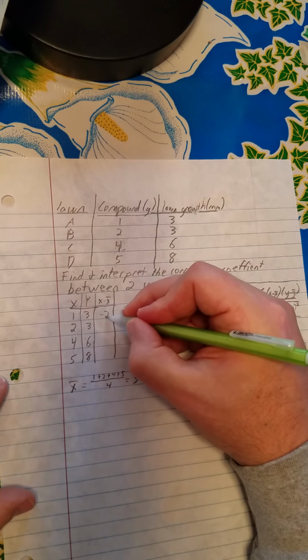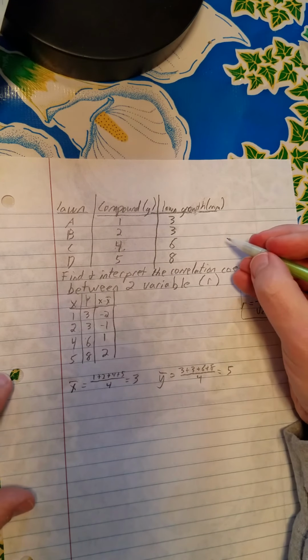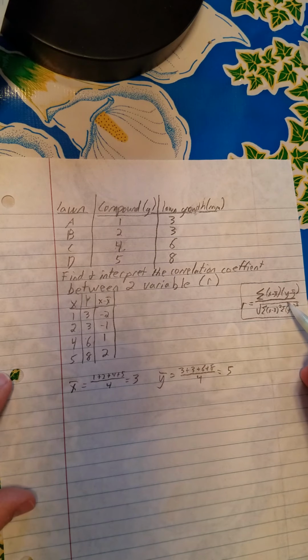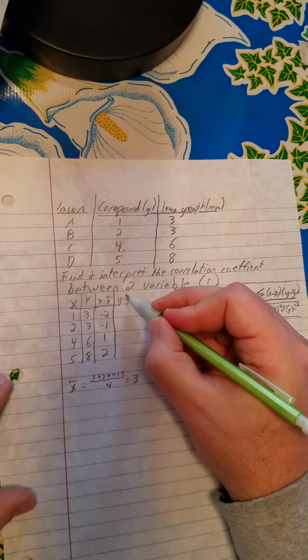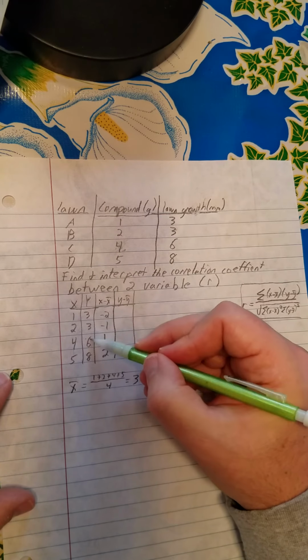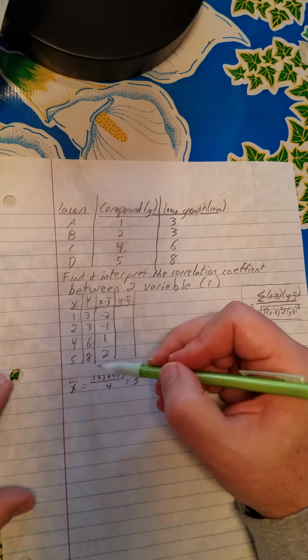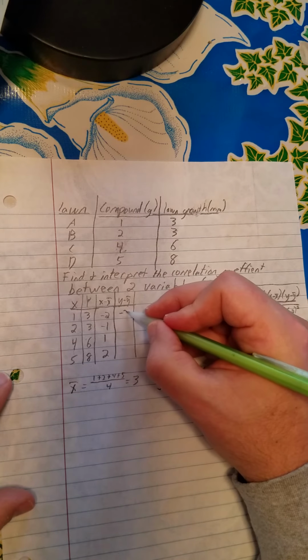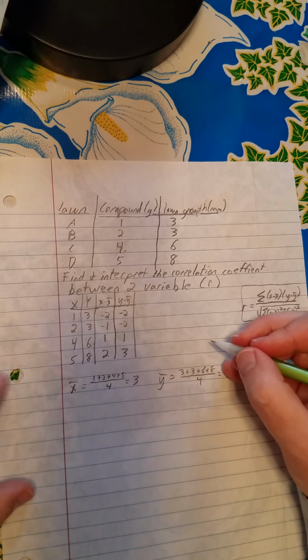So 1 minus 3, 2 minus 3, 4 minus 3, and 5 minus 3. The formula then tells us to do the same thing with the y's. We're going to subtract 5 from each of these numbers. 3 minus 5, 3 minus 5, 6 minus 5, and 8 minus 5.